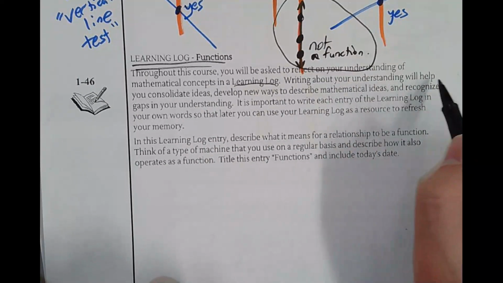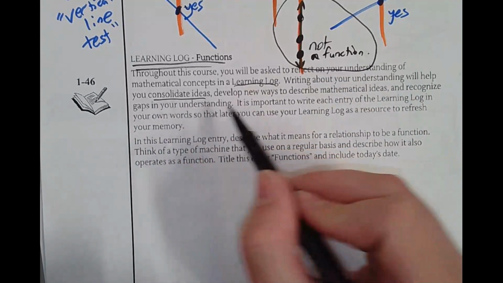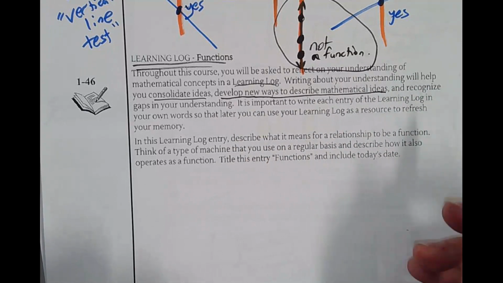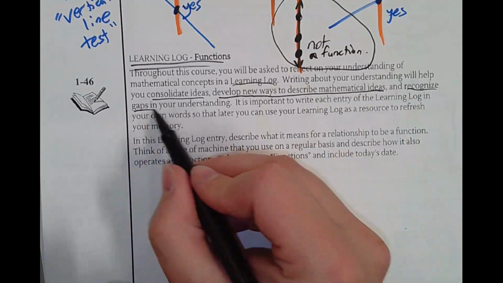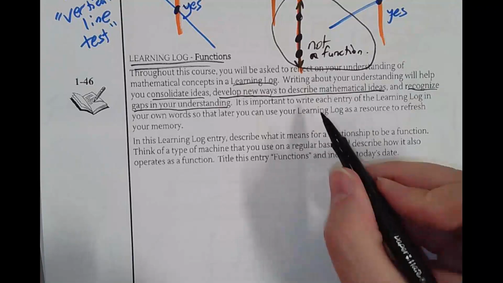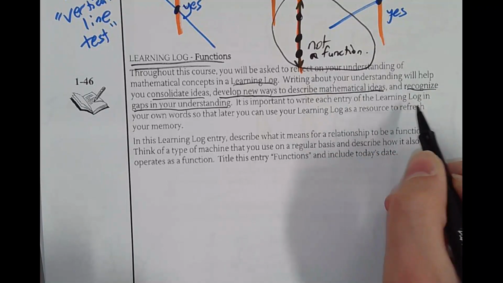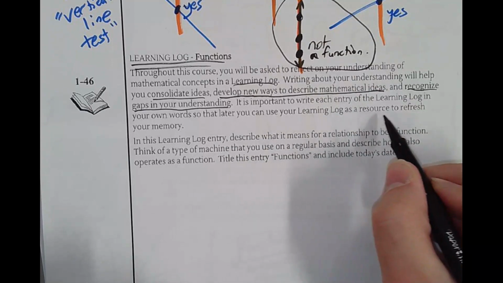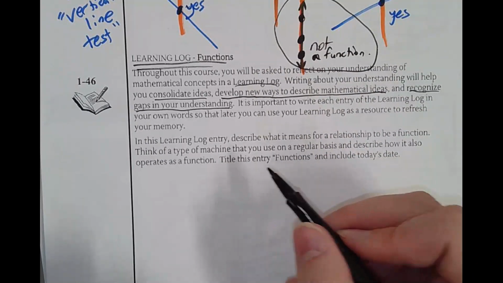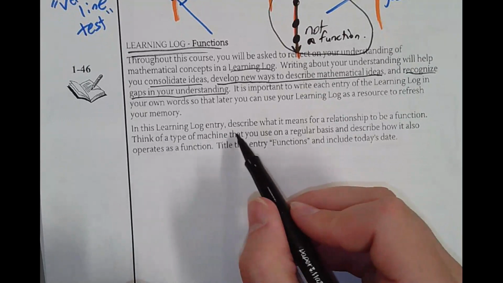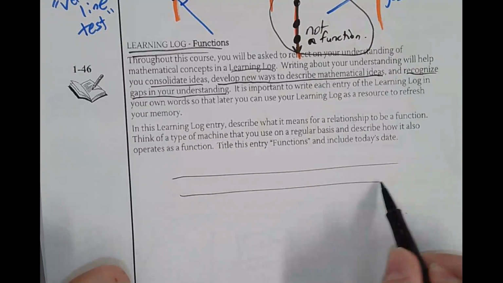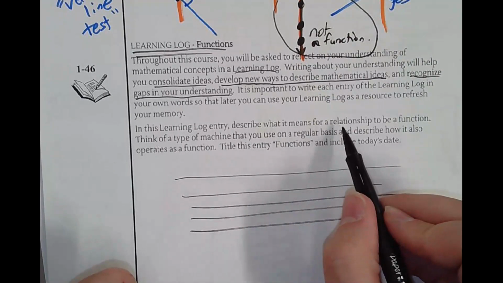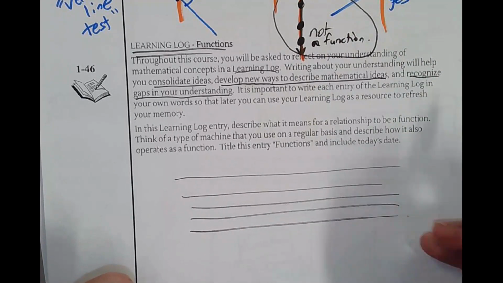Writing about your understanding will help you consolidate ideas, develop new ways to describe mathematical ideas, and recognize gaps in your understanding. It's important to write each entry of the learning log in your own words so that later you can use your learning log as a resource to refresh your memory. In this learning log entry, describe what it means for a relationship to be a function.